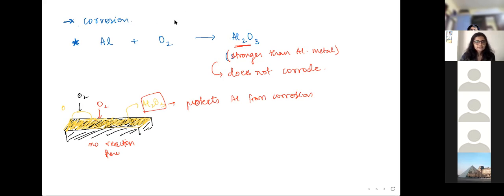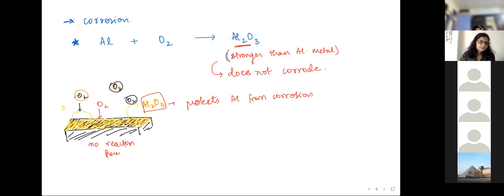Are you guys able to get it? Make sense? Or should I repeat it? It's making little sense. Can you once again repeat? Yeah. So you have a block of aluminium here. Oxygen molecules are there in the atmosphere. When or how does the reaction happen?